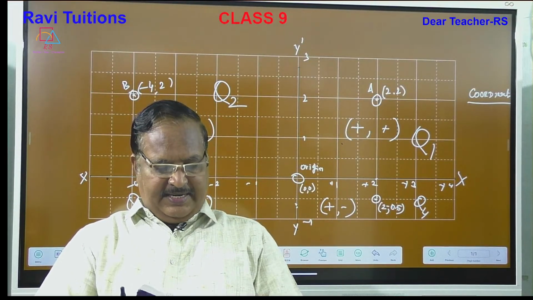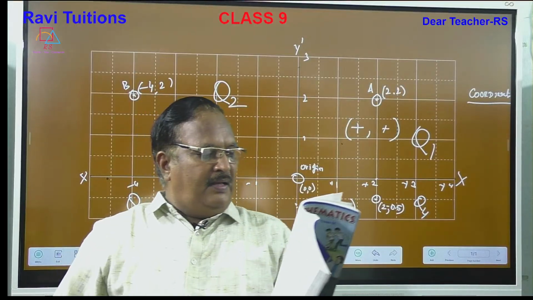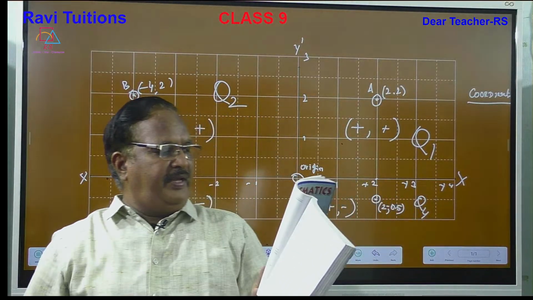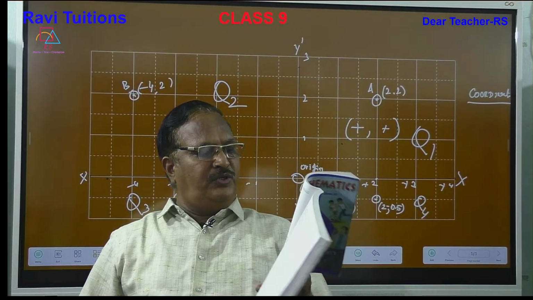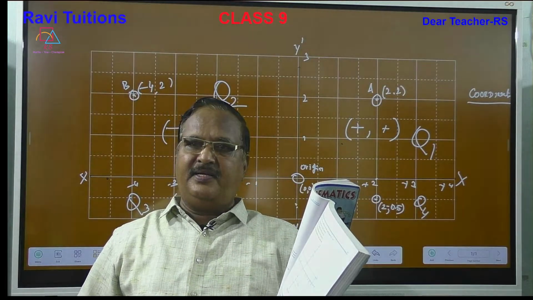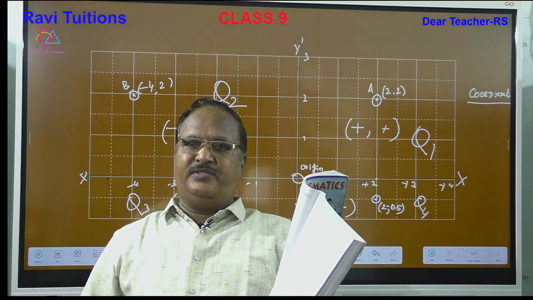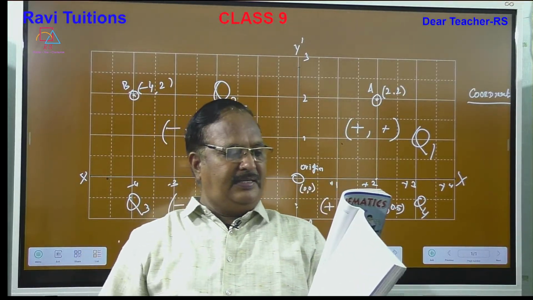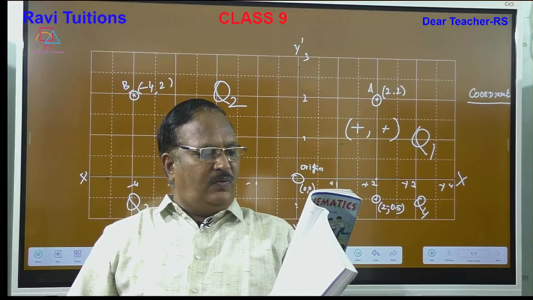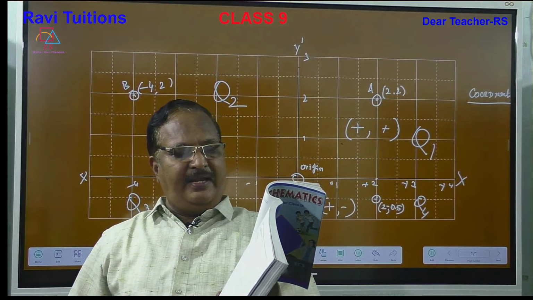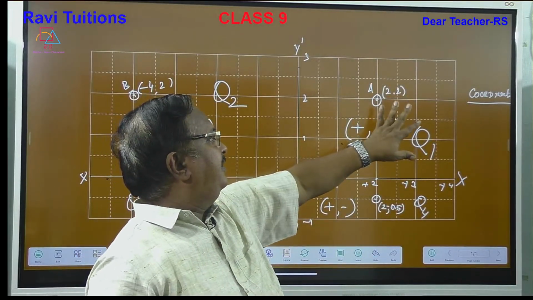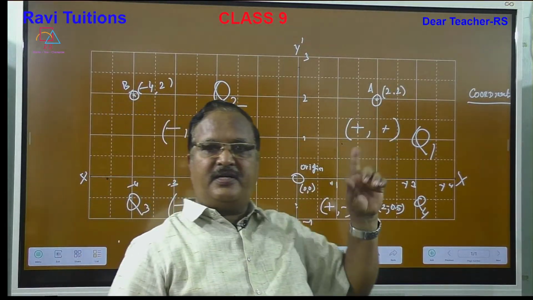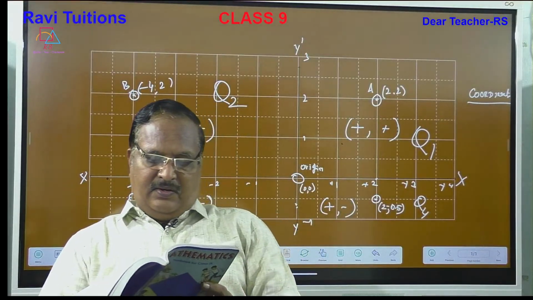Let me go to the second exercise. Write the answer of each of the following. What is the name of the horizontal and vertical lines drawn to determine the position of any point in the Cartesian system? The horizontal line is known as the x-axis, the vertical line is known as the y-axis. What is the name of each part of the plane formed by these two lines? 4 parts are formed, each part is known as a quadrant.